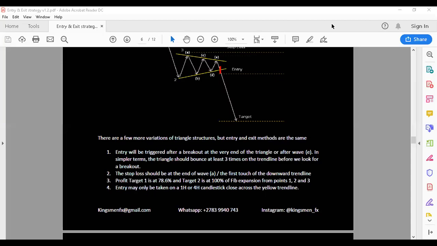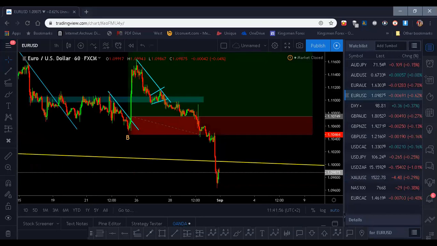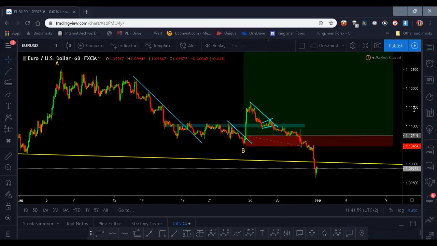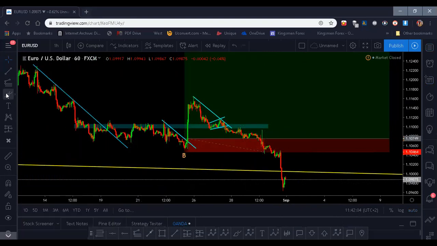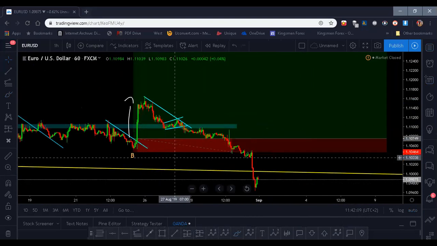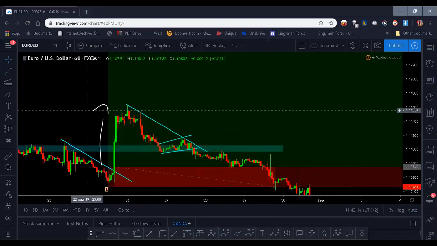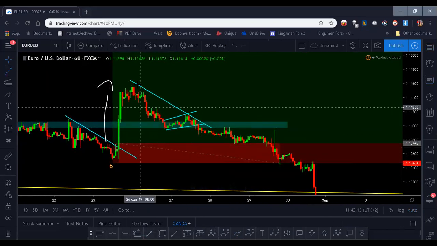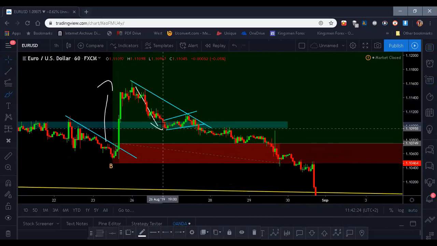You see on Euro USD, we caught this move, we caught this buy trade, and it was in good profits looking at the risk reward. And then when I did the update, I gave out this move. I saw this impulsive move and then it started making a correction.